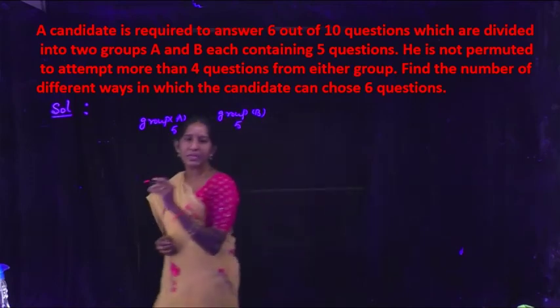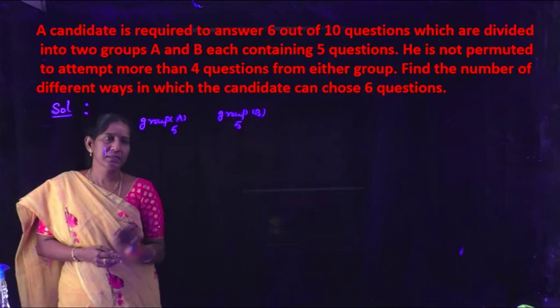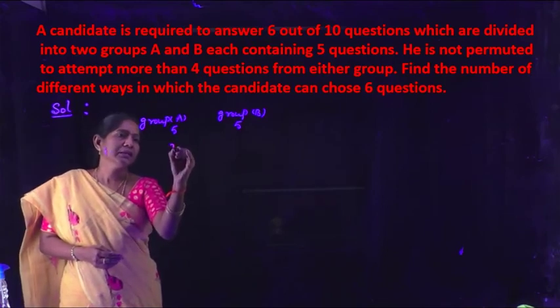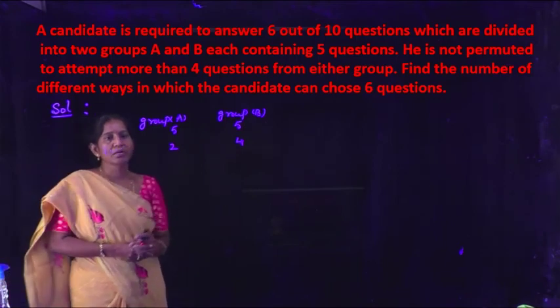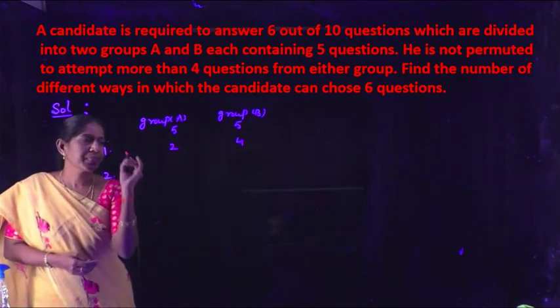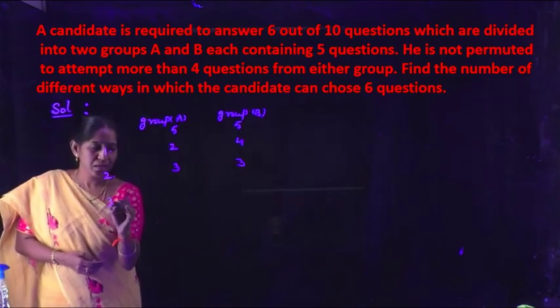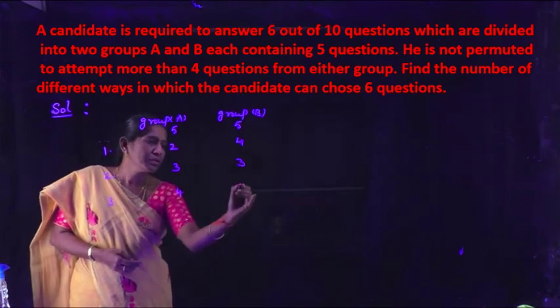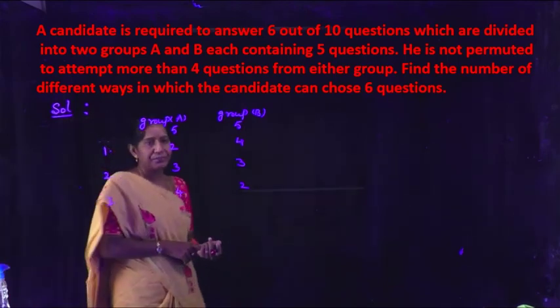So, those are of the types not more than 4 questions. Then we can take 2, 4; 4, 2; or 3, 3. These are the types satisfying the given condition.